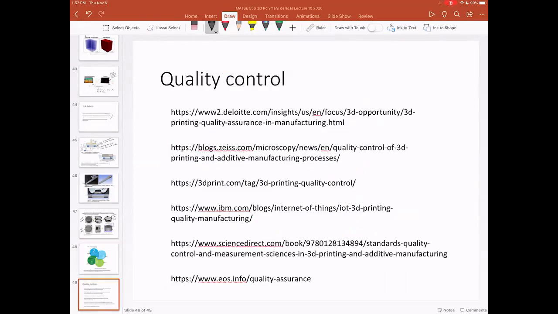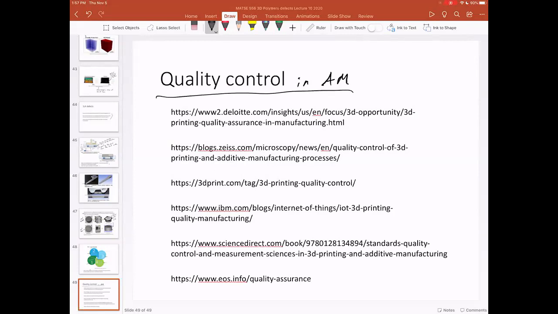And so there's a lot of this discussion about quality control in AM. And so because additive manufacturing is basically a new industrial processing method, figuring out what the rubric or framework is for how to do quality control in AM is really important.